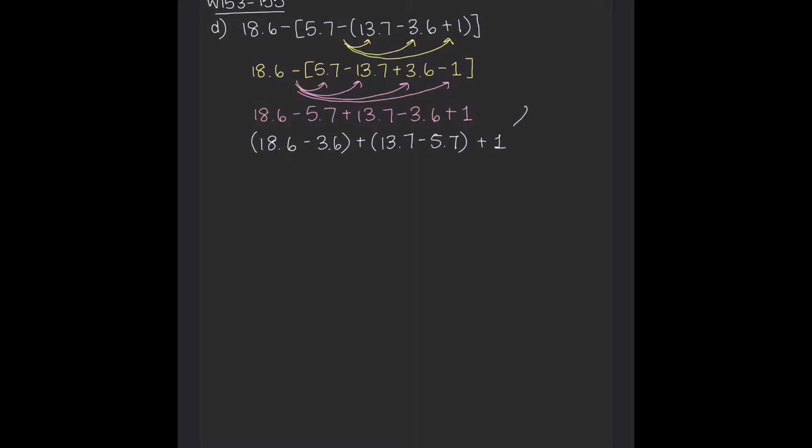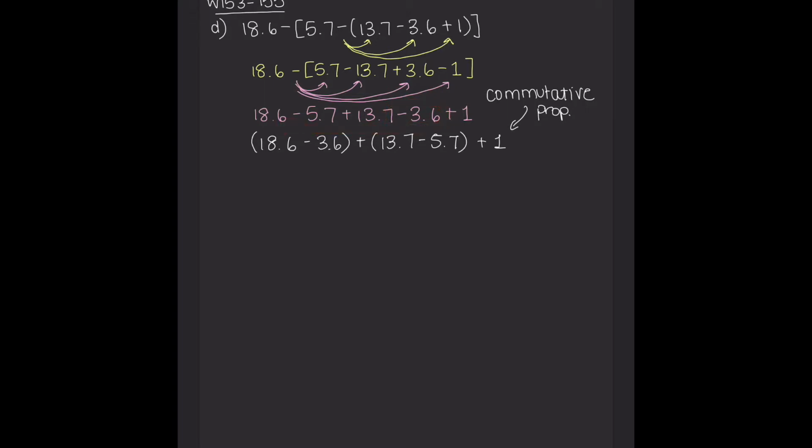So this line uses the commutative property, because we changed the order of these terms. For instance, we moved 3.6 up to the front.